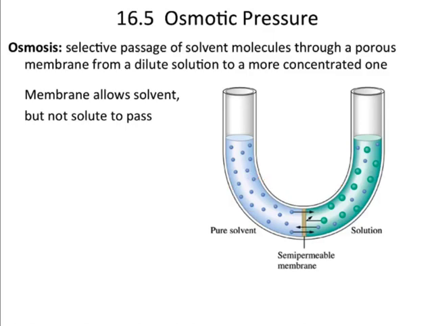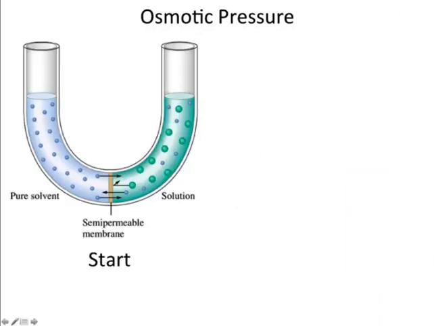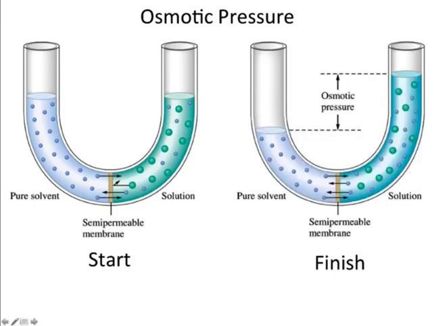So that's osmotic pressure. So say you start with this picture. Over time, your solvent molecules will go through this membrane but not return. Eventually that's going to increase the volume of your solution, and in this simple U-shaped tube setup, that's going to push this higher.